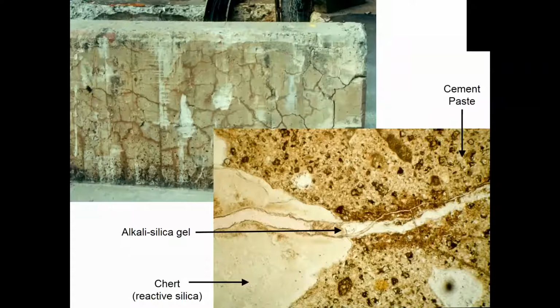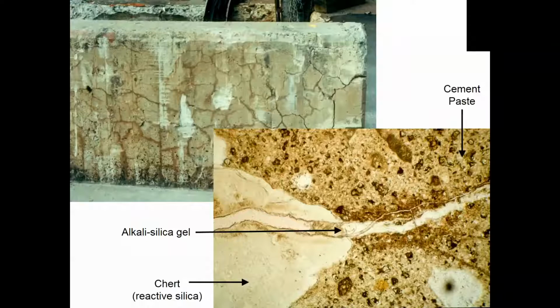In this case here, we have a thin section of concrete that's about 2 millimeters in width of view, so it's quite a large magnification on your screen. It's showing a reactive chert particle surrounded by the brownish cement paste. The chert particle is expanded and cracked, and what we see in the crack in the aggregate and the crack that emanates out into the surrounding cement paste is the reaction product, the alkali-silica gel, which has absorbed water and expanded.